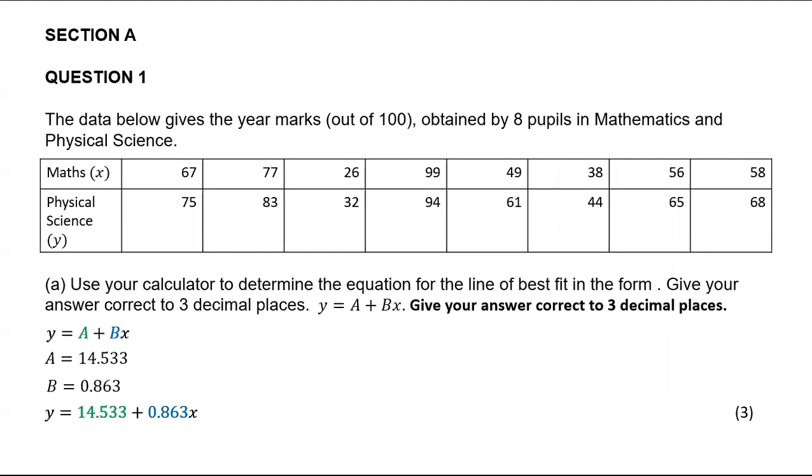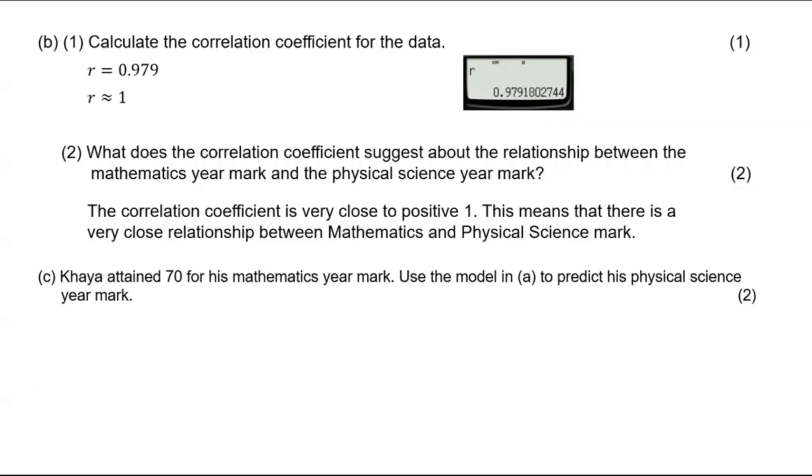We have a straight line equation there, where a is 14,533 and b is 0,863, where x is simply your independent variable, maths, and y is your dependent variable, physical science. They gave us the independent variable, math, which is 70. That means where there is x, we will substitute 70.